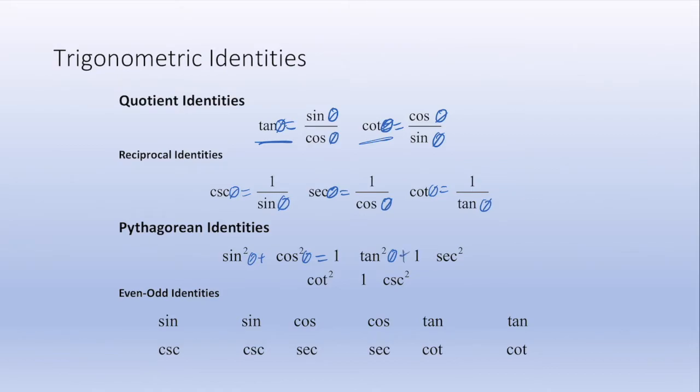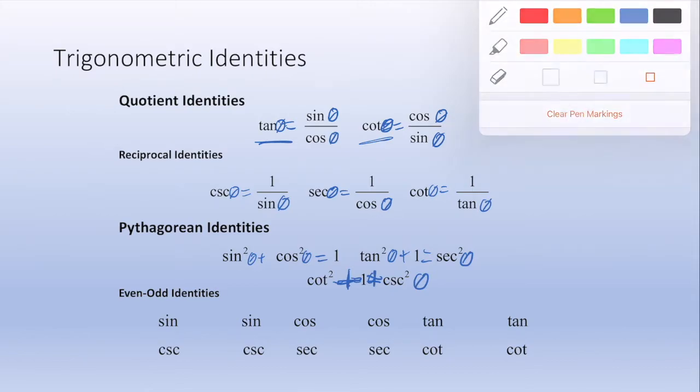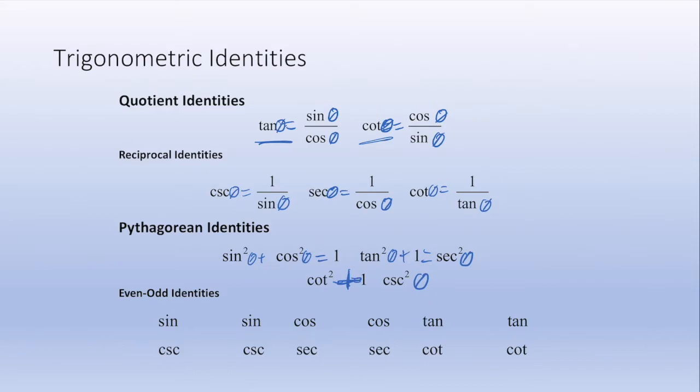And the cotangent squared theta plus 1 equals cosecant squared of theta. And these are all listed in the guided note sheet that I gave the class and conveniently in the back cover of most trig textbooks.